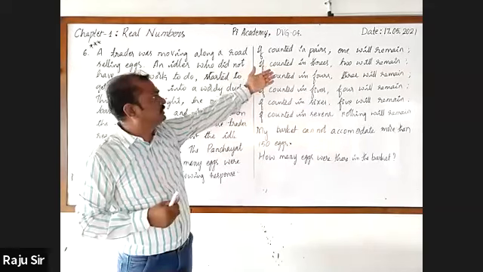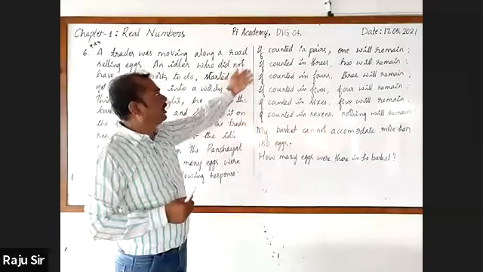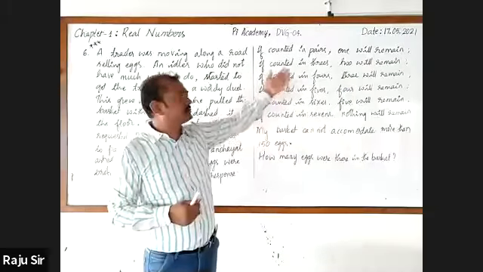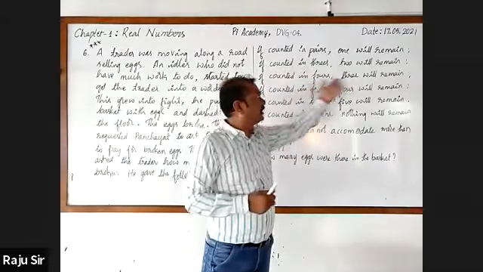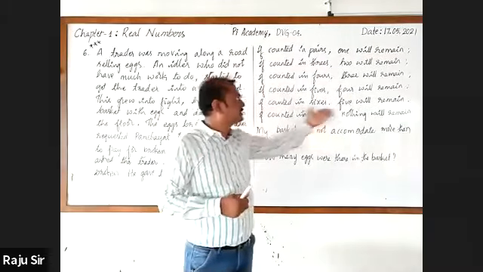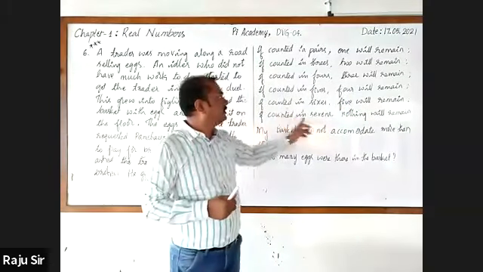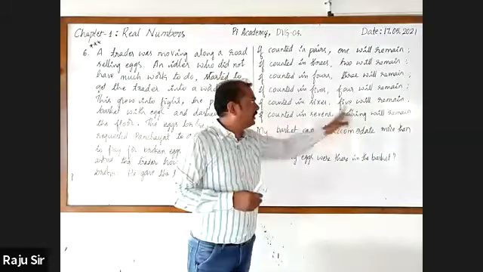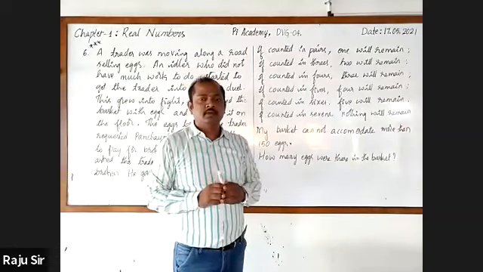Go through this response once. If you go on counting 2, at last 1 will remain. Counting 3, then 2 will remain. Similarly, 4s, 3 will remain. 5s, 4 will remain. 6s, 5 will remain. 7s, if you go on counting 7 and 7 and 7, then nothing will remain.